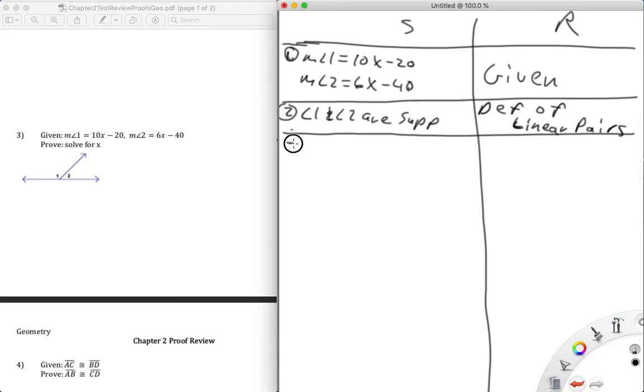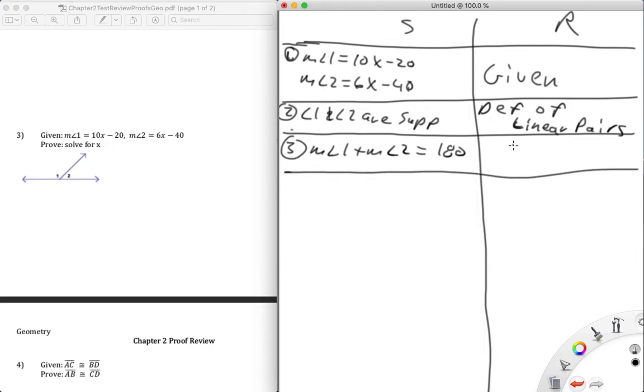And if they're supplementary, then I know that the measure of angle 1 plus the measure of angle 2 equals 180 degrees. That's due to the definition of supplementary angles. So I noticed that angle 1 is equal to 10x minus 20. I can substitute it here.